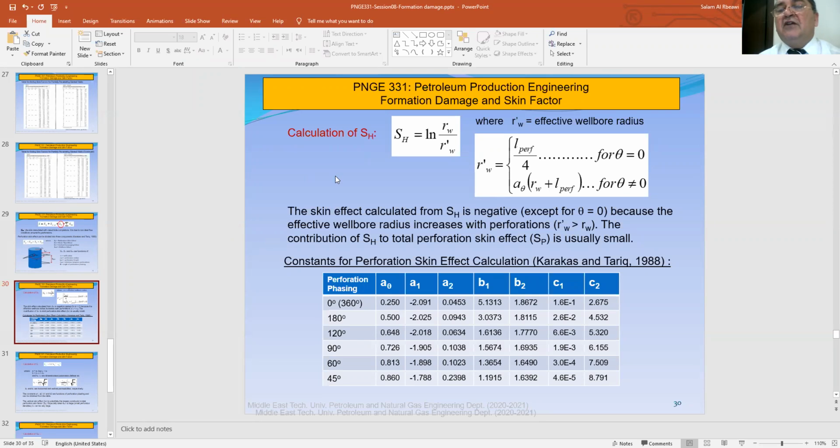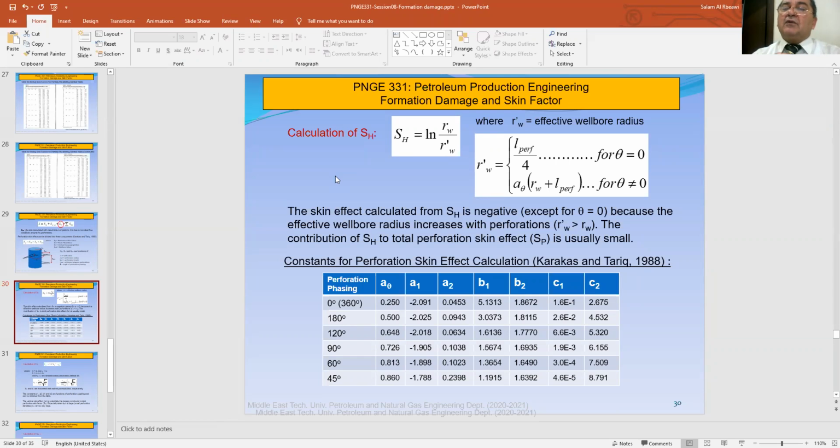S sub H is calculated by ln RW divided by RW dash. What is RW dash? This is the effective wellbore radius. This model says that there should be some change in the wellbore radius.